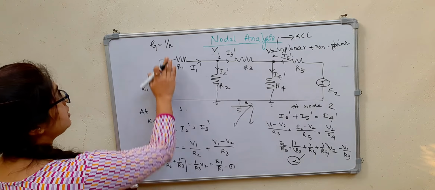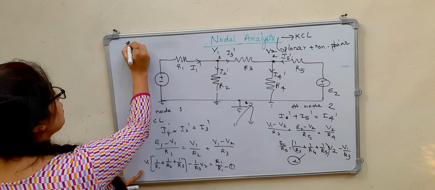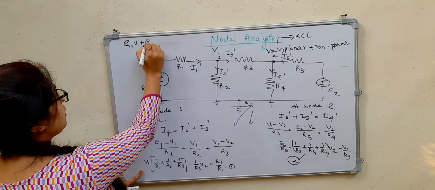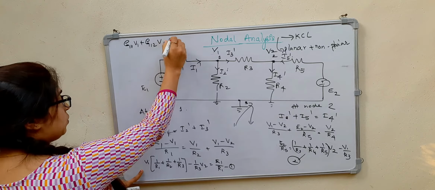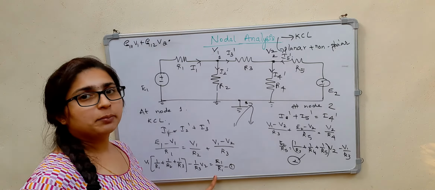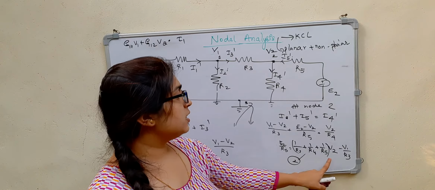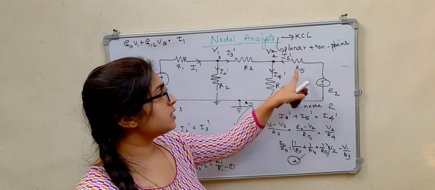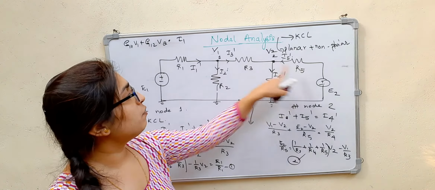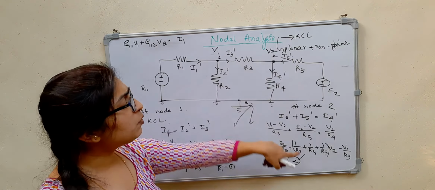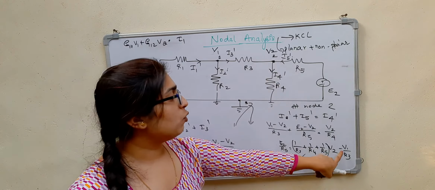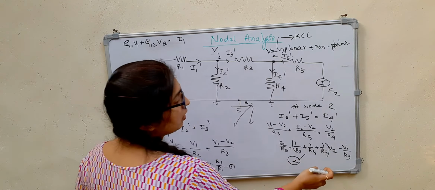So we can write this as G11 V1 plus G12 V2, that is equal to E1 by R1, which is nothing but the current I1. Okay, in this case, this is the sum of conductances at node 2, R5, R3, R4. And what is minus 1 by R3?